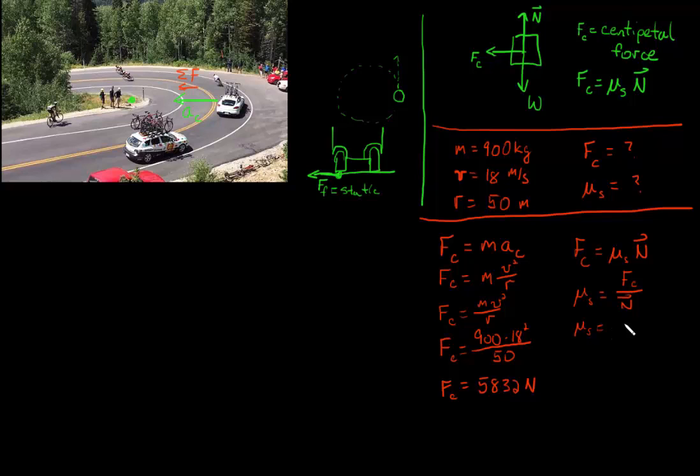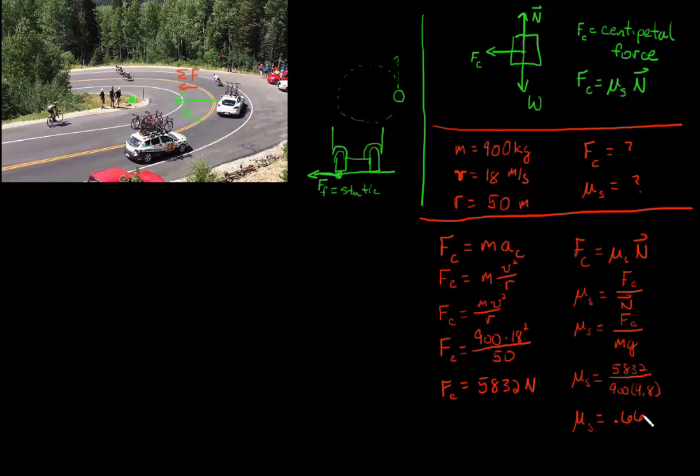Further, we know that the normal force is equal in magnitude to the weight because this is a level surface, so that's just mg. So the coefficient of static friction is the centripetal force, 5832, divided by the mass, 900, times 9.8. So our coefficient of static friction is going to be 0.66.